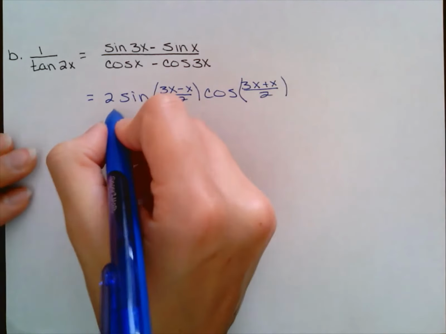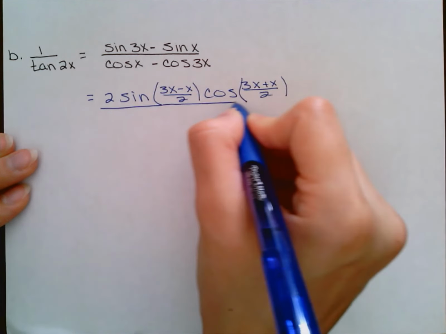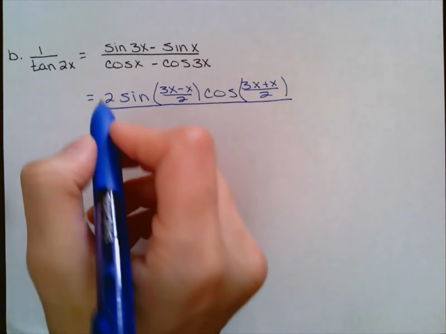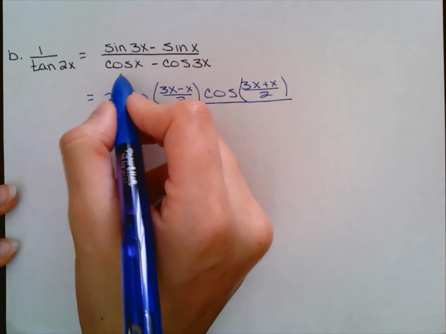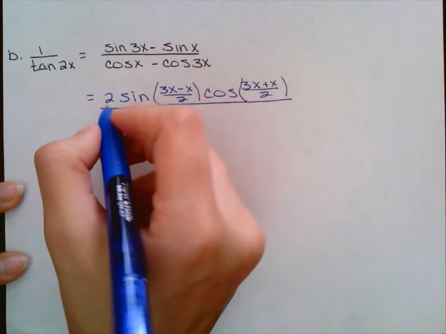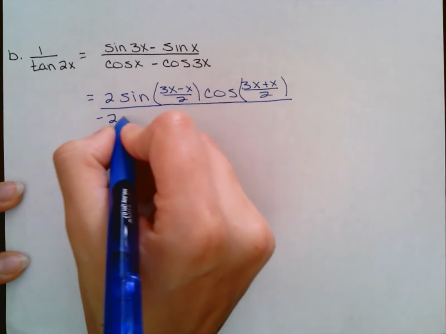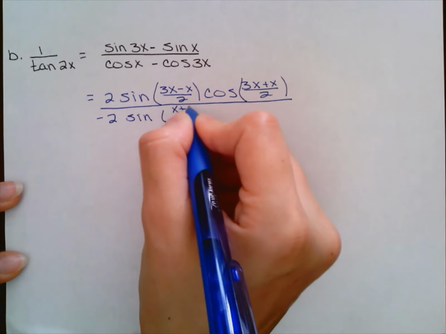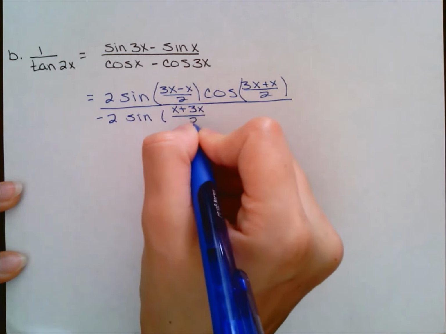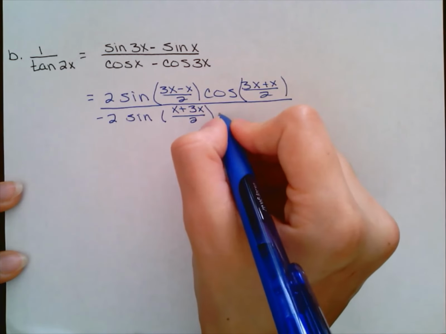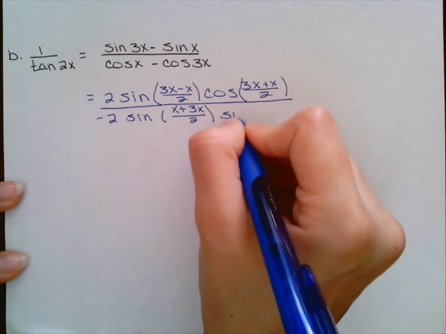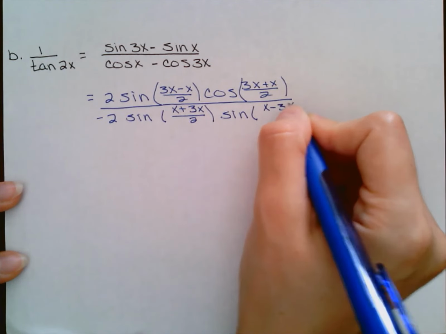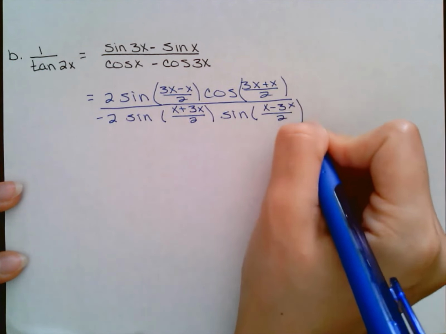There's my numerator changed. Now let's change the denominator. Okay? The cosine minus cosine is going to be a negative 2 sine of x plus 3x over 2 times sine of them being subtracted, which is x minus 3x over 2.